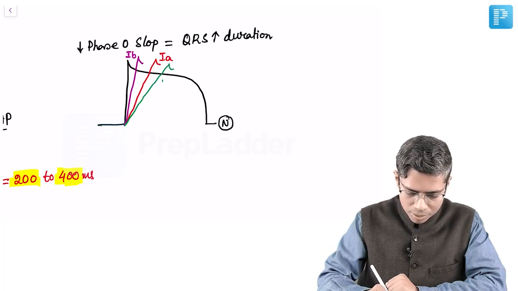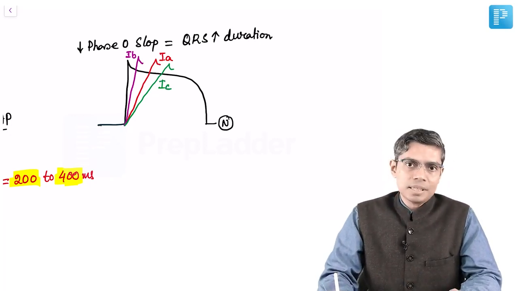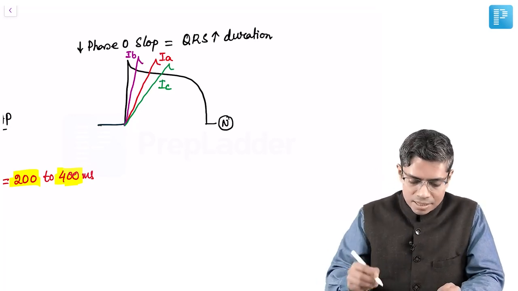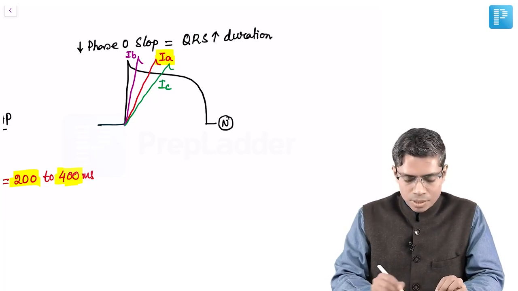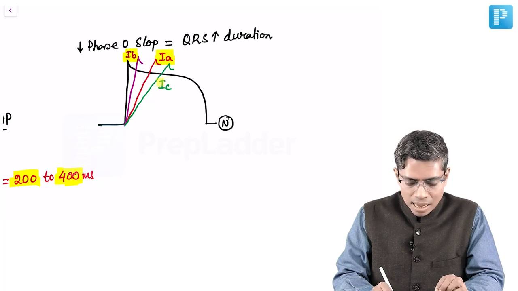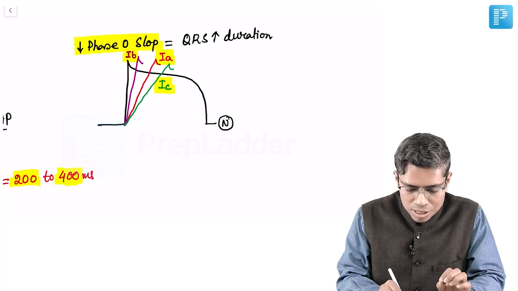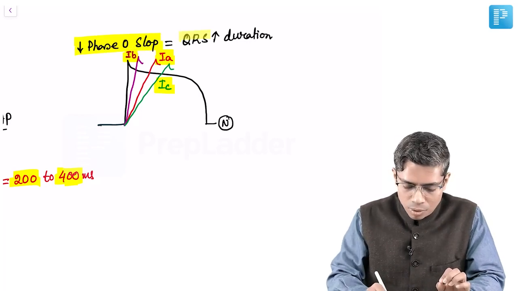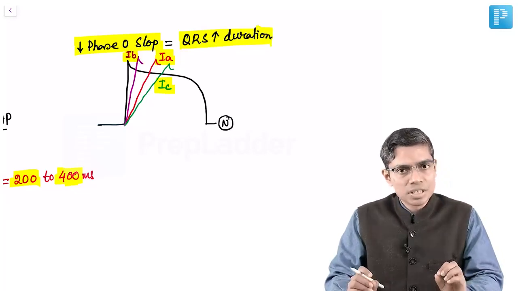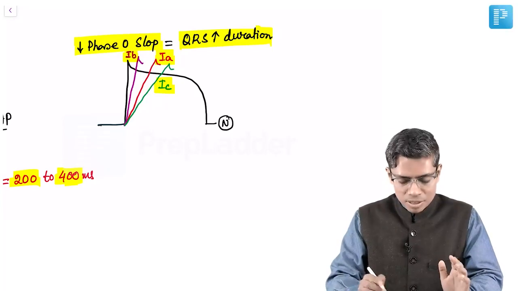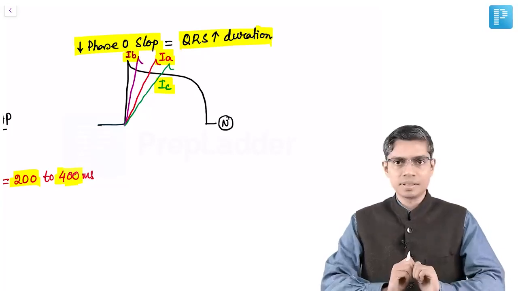So this is the most potent one, 1C, decreasing the slope of phase 0 maximally. Similarly, I can easily understand that all three classes of antiarrhythmic agent, 1A, 1B and 1C, are going to reduce the slope of phase 0. That means all of them will increase the QRS complex duration, but the maximum increment of duration will be by 1C and the minimum by 1B, right?